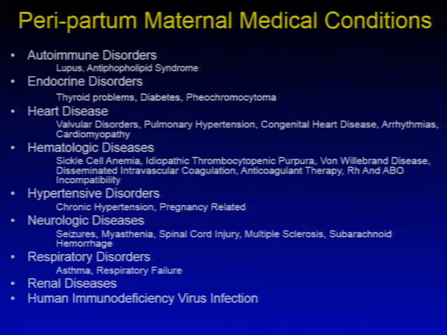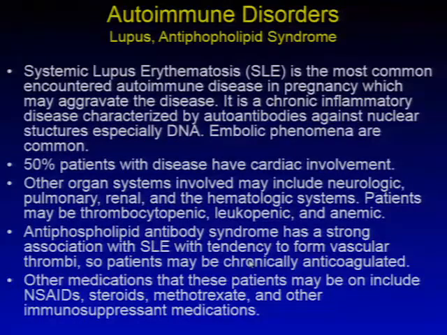We're now going to move on into peripartum maternal medical conditions, including autoimmune disorders and the like. Autoimmune disorders in pregnancy include lupus, which also is associated with the antiphospholipid syndrome.